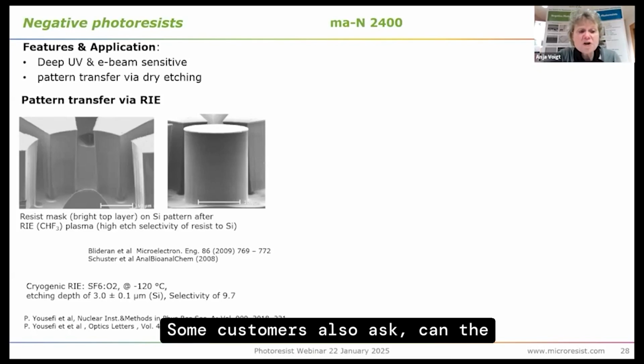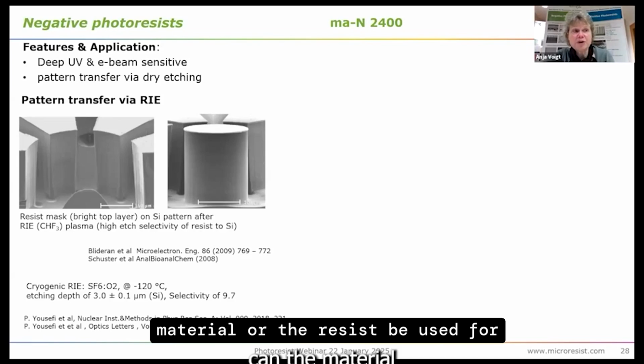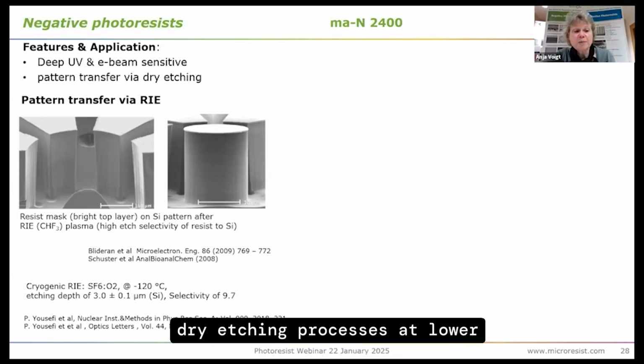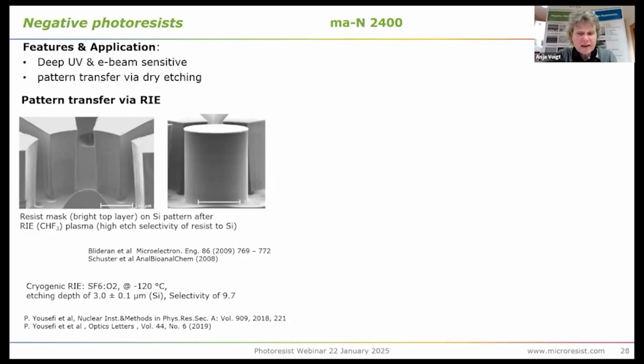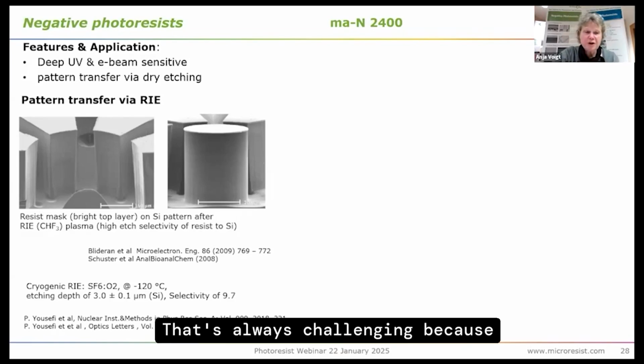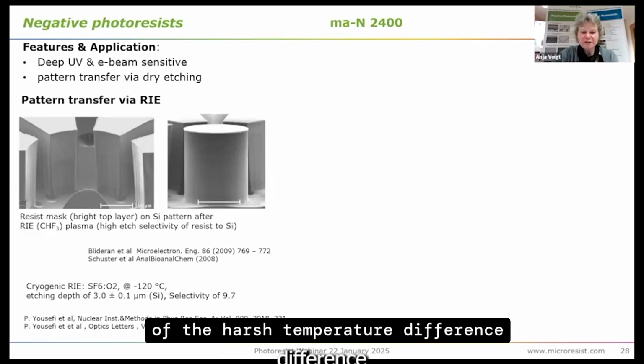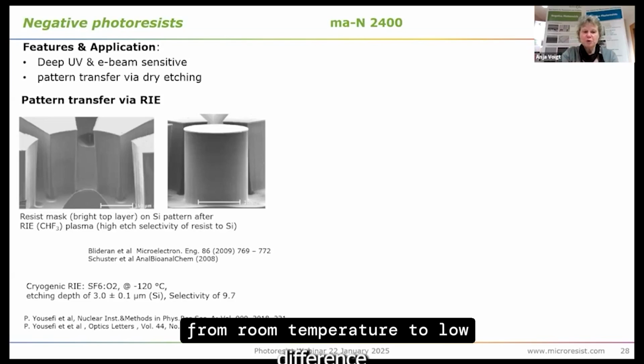Some customers also ask us, can the material or the resist be used for dry etching processes at lower temperature, for cryogenic etching? That's always challenging because of the harsh temperature difference from room temperature to low temperature.